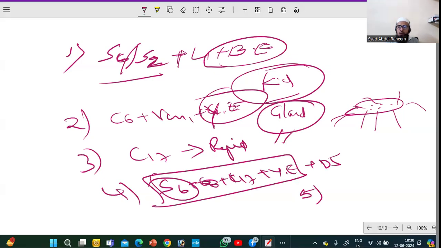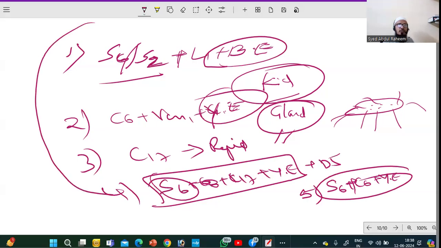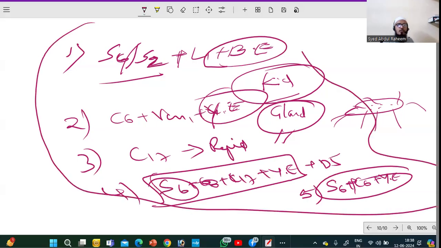And we have another remedy, S6, C6Y. Initially we will give these remedies, and depending on the function and condition, gradually we will improve or add other remedies.